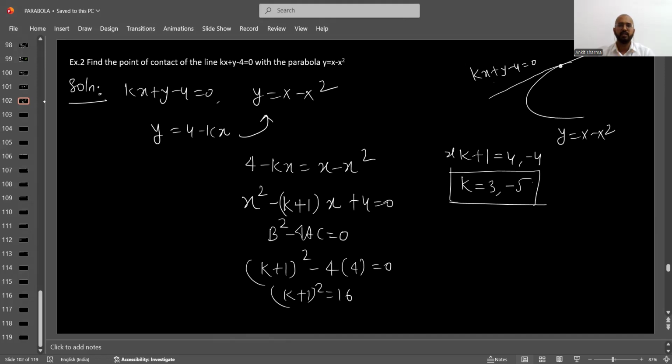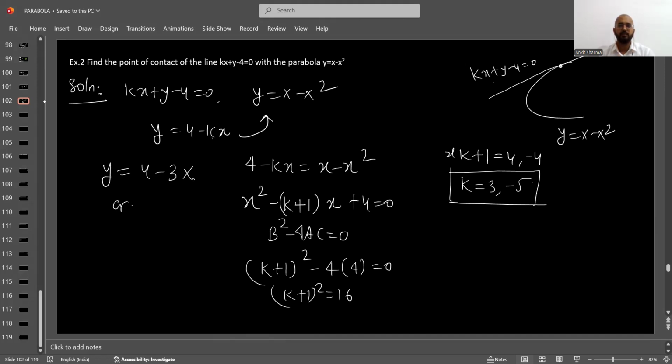Now we have found basically k. So now if I just plug in here this k into this line, so I get y is equal to 4 minus 3x. So this is possible.